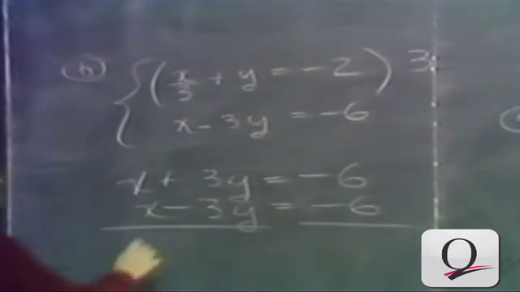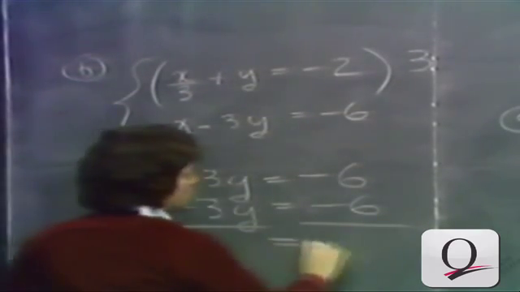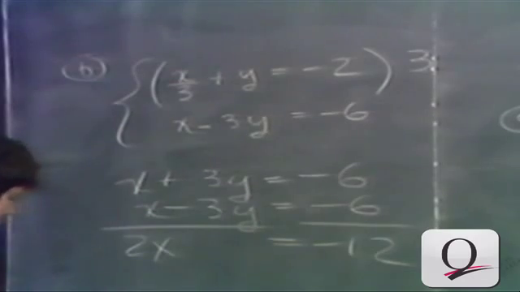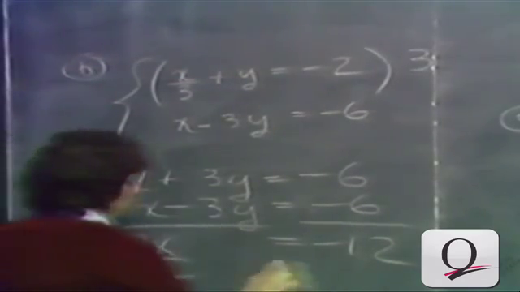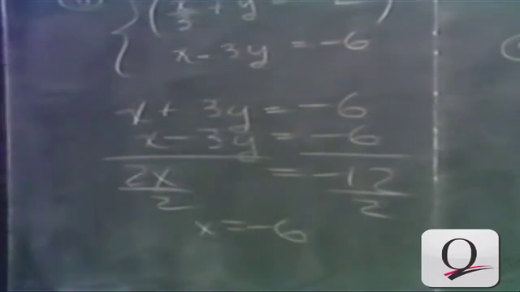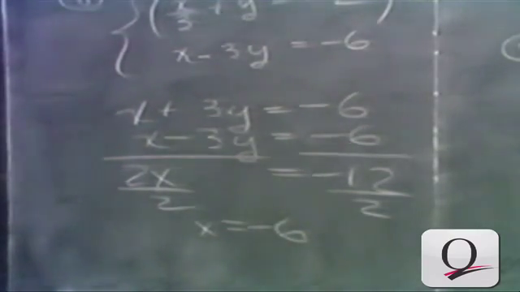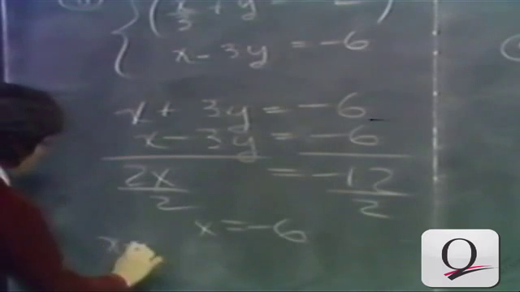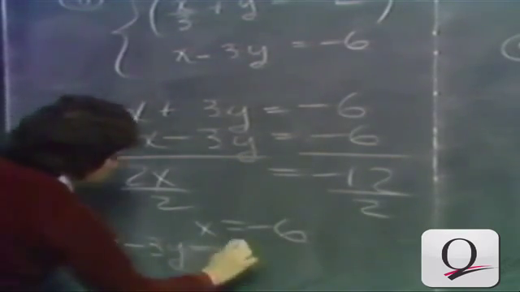Okay, so here we simply add the equations. 2x equals minus 12. The y's drop out. And we get, dividing by 2, x equals minus 6. We can then substitute into either equation. Let's take the second one. X minus 3y equals minus 6.